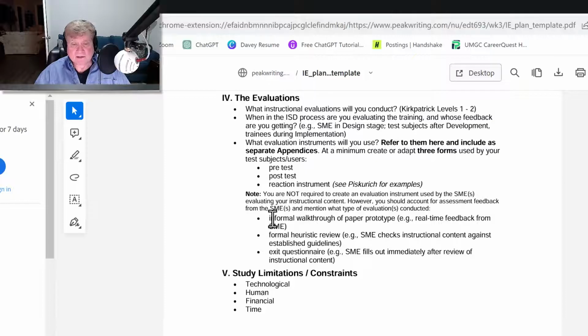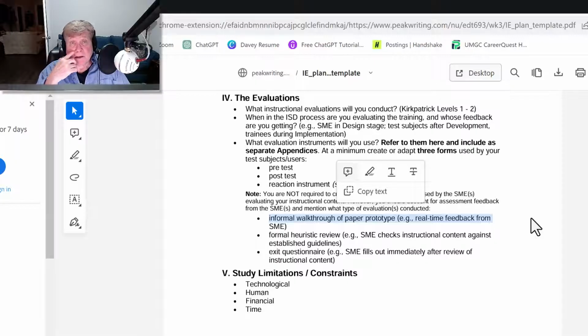Here's what you're asking your SMEs to do. If you don't have your site up, at least they can walk through it on a paper format, and that's something you've already turned in whenever you have plotted out your course. That's its paper prototype.